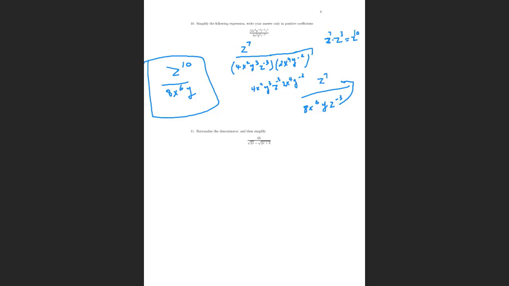So essentially what you're going to do is multiply by the conjugate on the top and bottom. So you're going to just multiply by root 2x plus root 2x plus h on the top and bottom, okay? And you do that to here, and you do that down there, multiply, and then you see what happens, and you simplify.